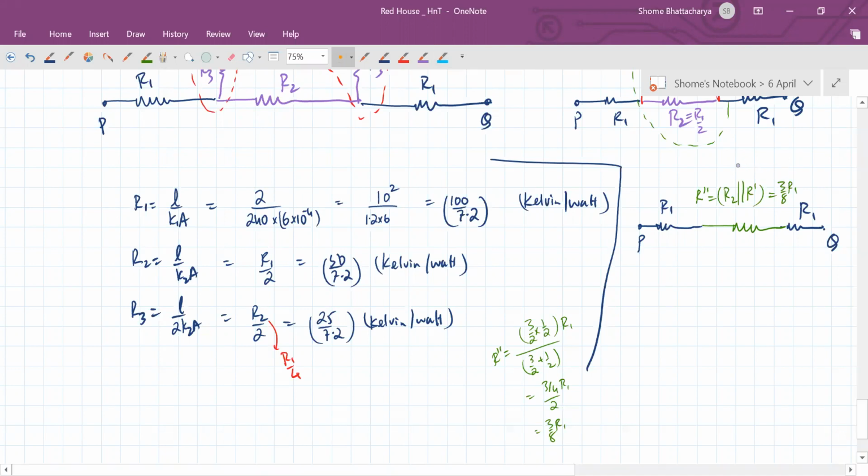So finally, now my R equivalent will become R1 plus R double prime plus R1.